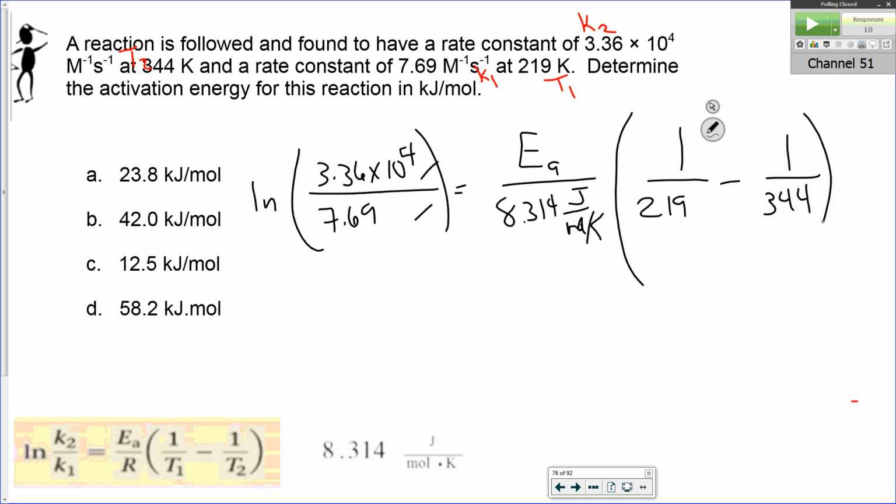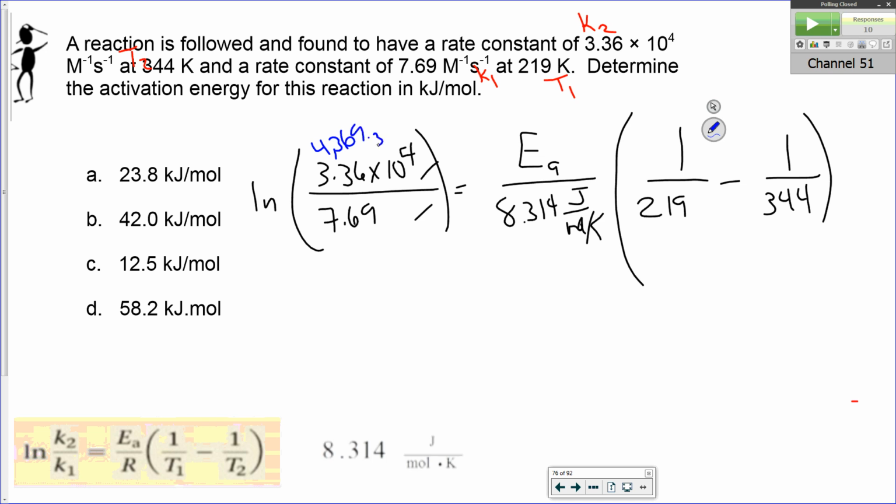Okay, so the way I would choose to approach this problem is everything on the left is known. So I'll just plug the numbers in. So the ratio is 4,369.